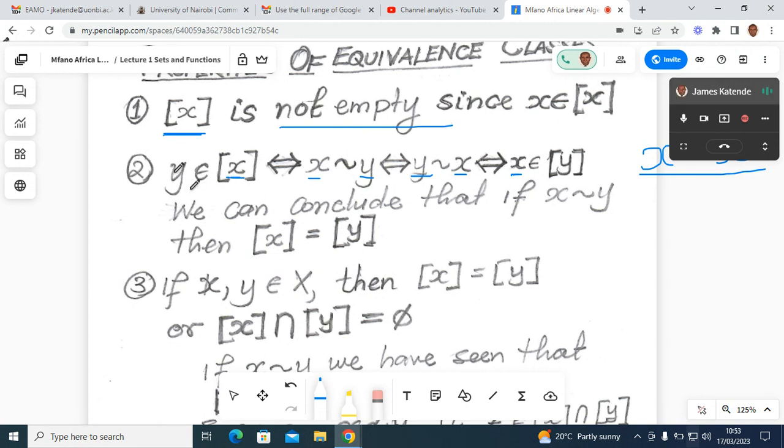So what this means is that if you pick any element from the equivalence class of x, then the equivalence class of that element will be exactly equal to the equivalence class of x. So I can get an equivalence class of any other element in its own equivalence class, and it's equal.